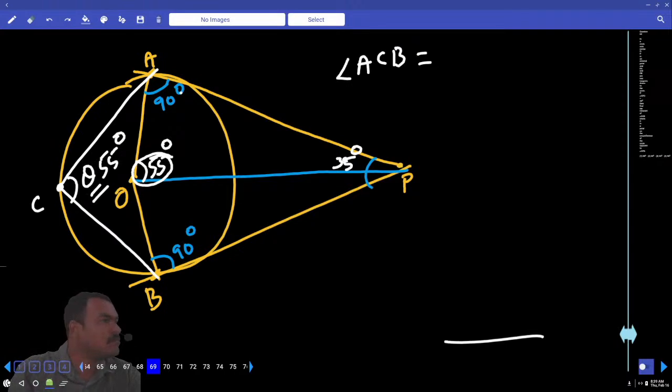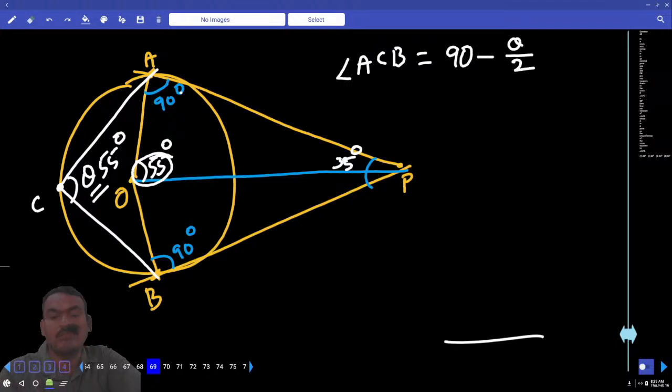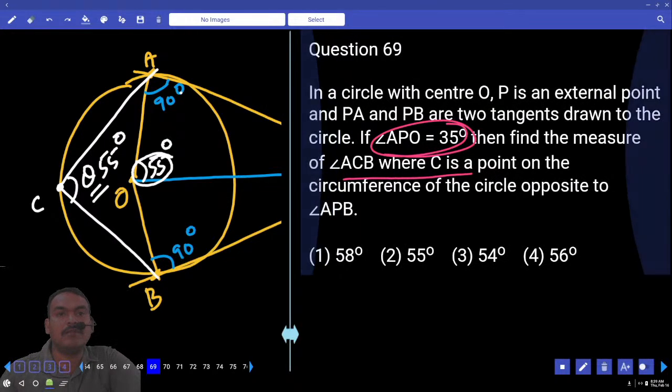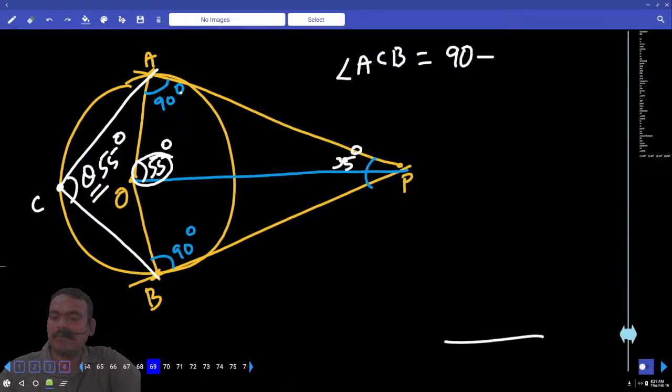55. Okay. Or directly we write angle ACB is equal to 90 minus theta by 2. In 90 minus theta by 2, which angle is already given? APO is given or not? Then angle ACB is equal to angle ACO.